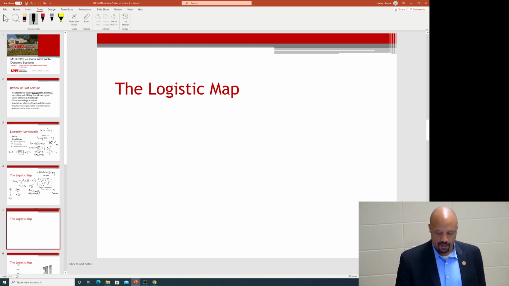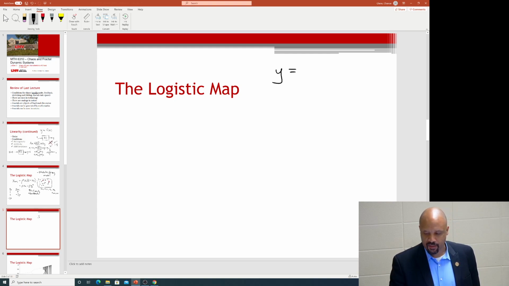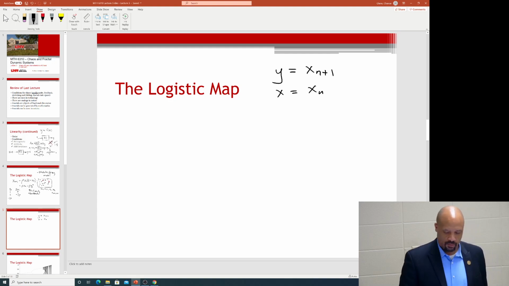Just for the sake of making this a little more manageable, let's say that y is equal to x sub n plus 1, and then x is just equal to x sub n. All right, is that okay? Well, now we have y equals rho x minus rho x squared.